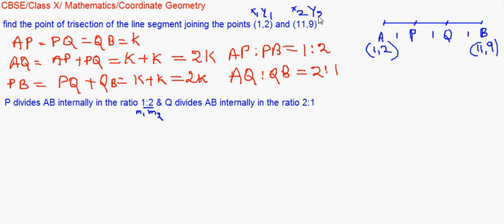If you recall the formula, the x coordinate is m1 into x2 plus m2 into x1 by m1 plus m2.